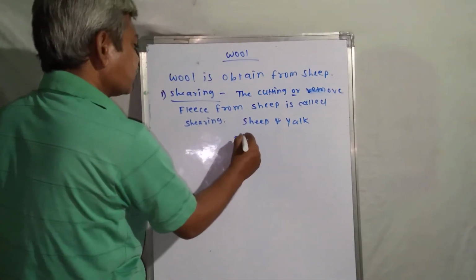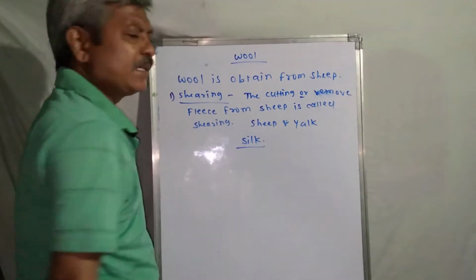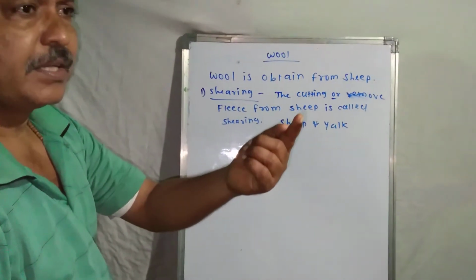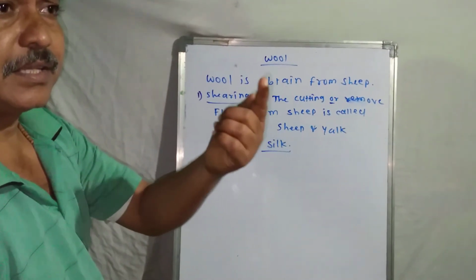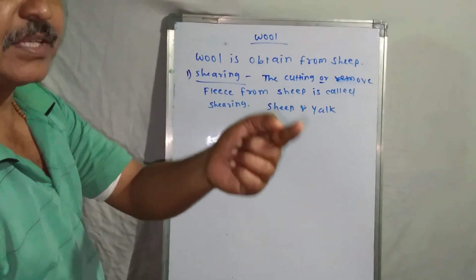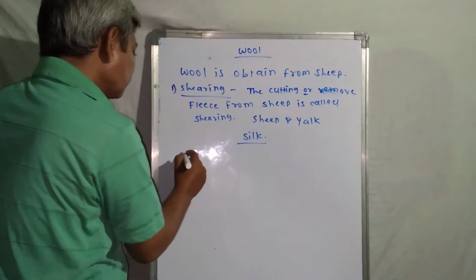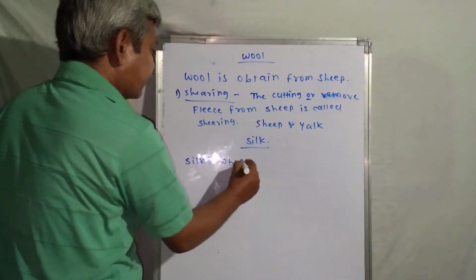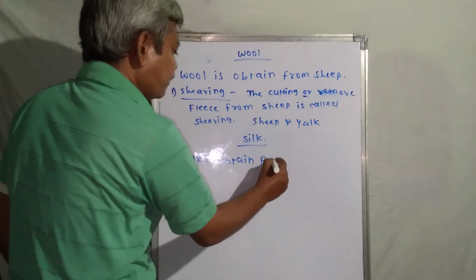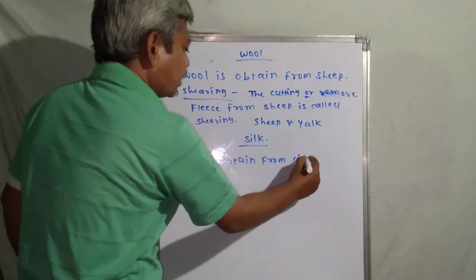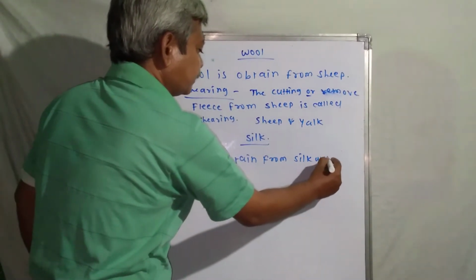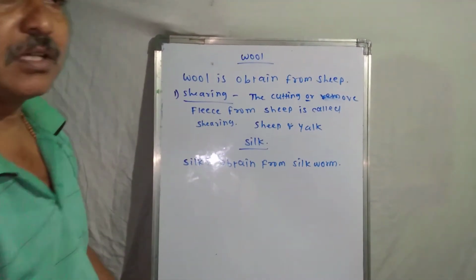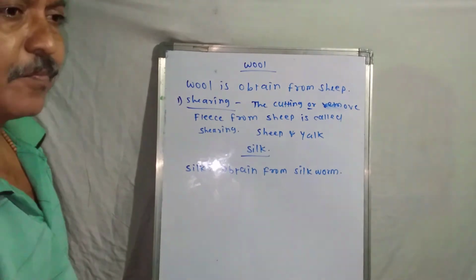Now we move towards silk, and silk is obtained from the silkworm, a very tiny larva of an insect. It is a small worm. It is not actually a worm.